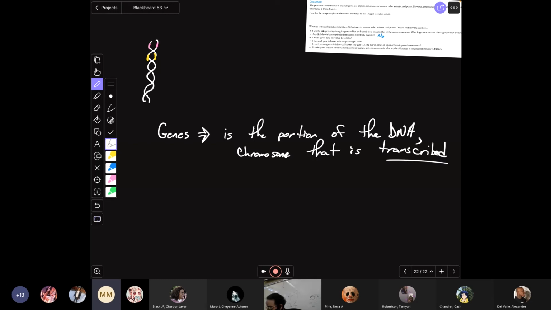So it's the thing that makes RNA, right? That's all a gene is. The thing that you inherit, because, just like Deidre said, because it's transcribed, it leads to a phenotype. It leads to a trait.